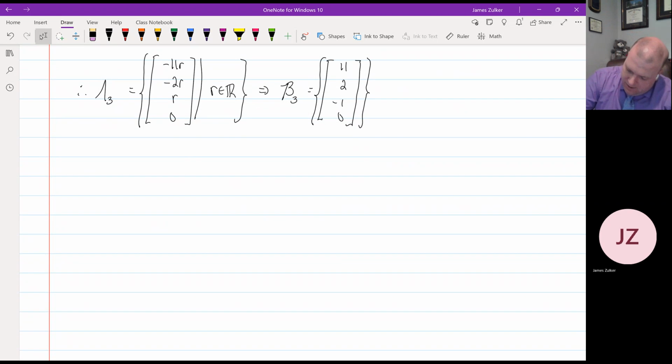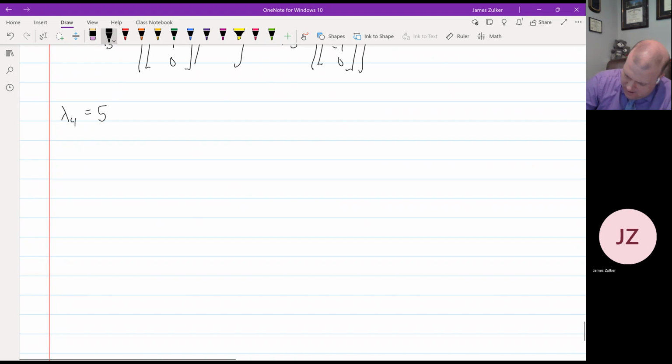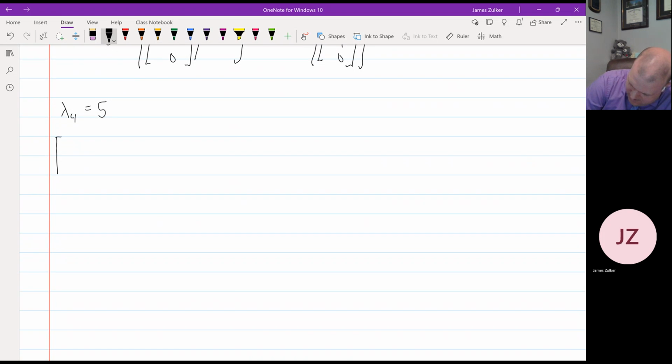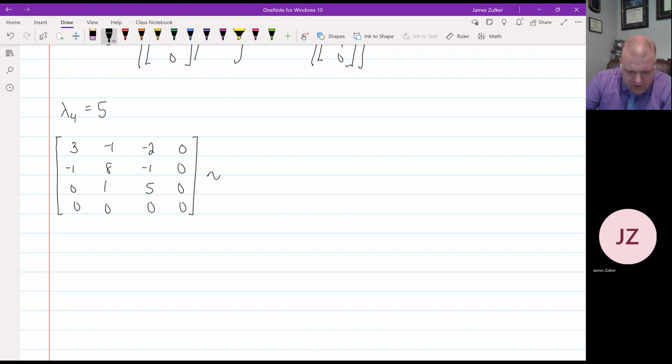And finally, the eigenvalue 5. This will row reduce.